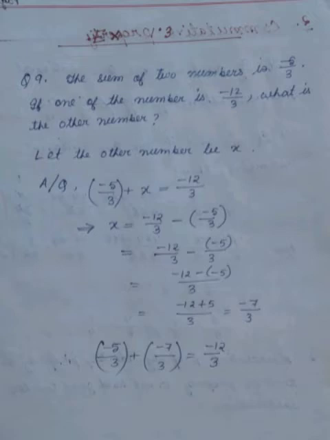Let the other number be x. According to the question, minus 5 by 3 plus the other number is equal to minus 12 by 3.